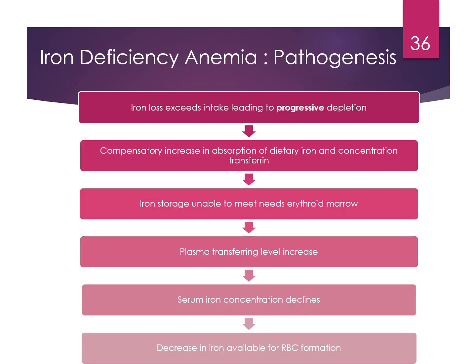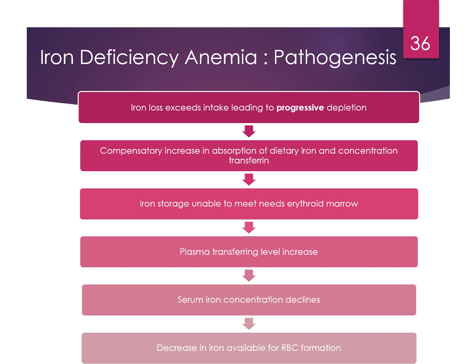And then this slide just gives you an explanation of iron deficiency anemia pathogenesis, where you have iron loss that exceeds the intake, with progressive depletion of iron. It goes through this cycle where you have a compensatory increase in absorption of your dietary iron and concentration of transferrin.